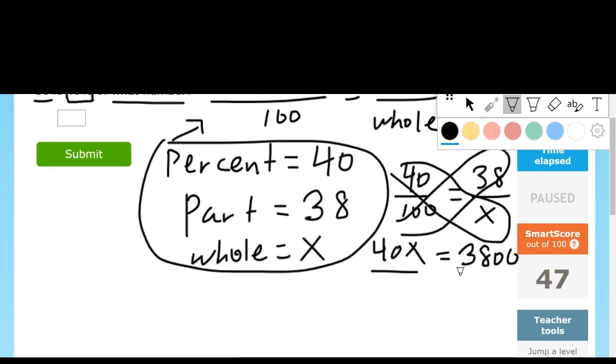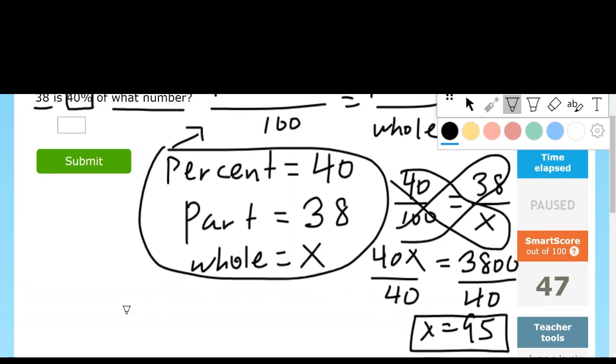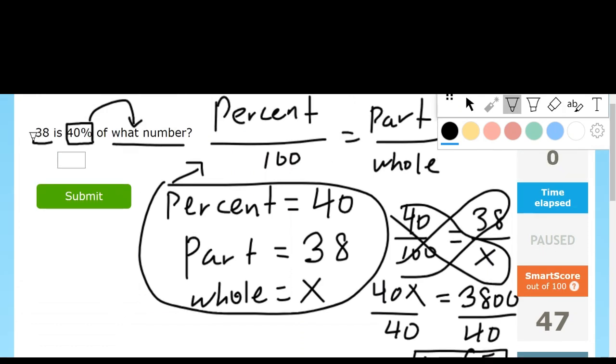Solving for x, if I divide both sides by 40, x equals 95. What does the 95 mean in the context of our problem? The 95 is our whole, and 38 is 40% of that whole of 95.